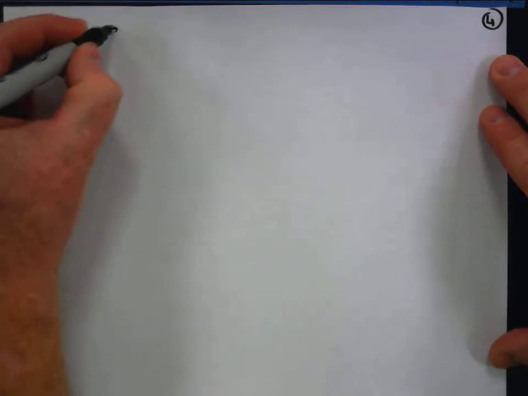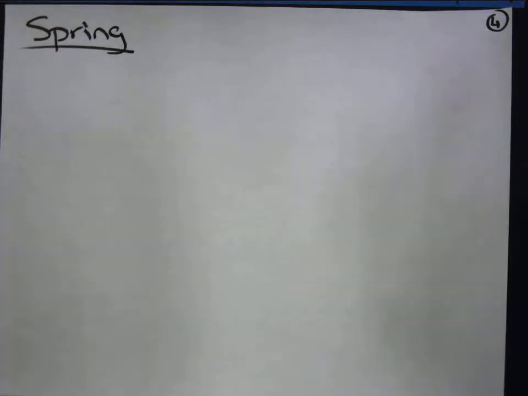In the next example, we're going to look at the energy stored in a spring.